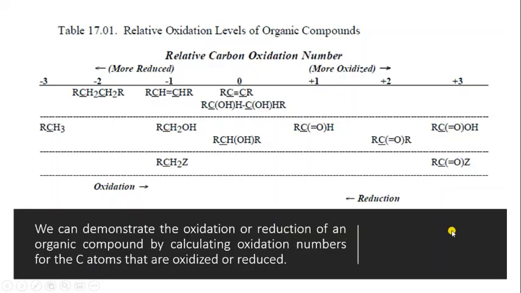Which oxidizing agent will be capable of specifically oxidizing that alcohol to the ketone or the aldehyde without harming the other part? There you definitely need a specific oxidizing agent.